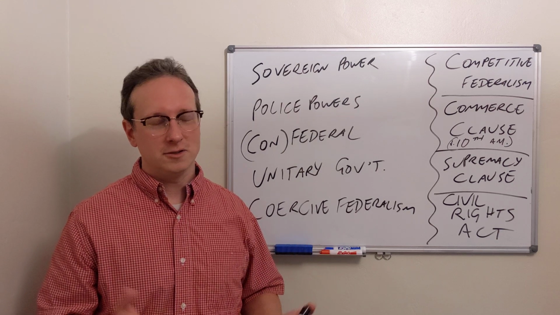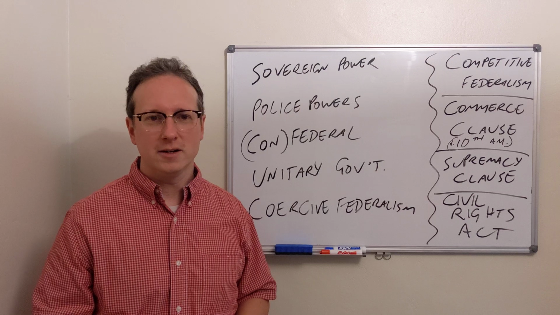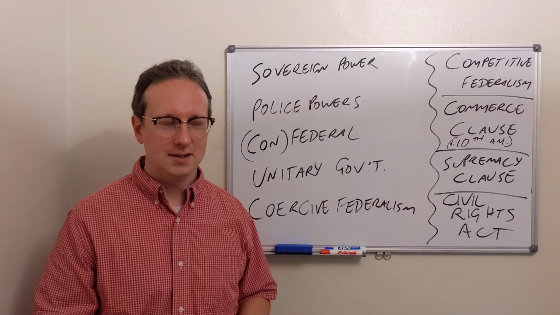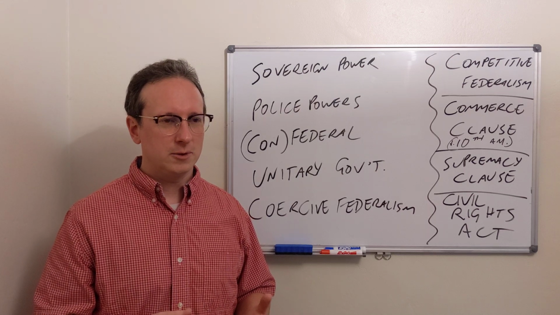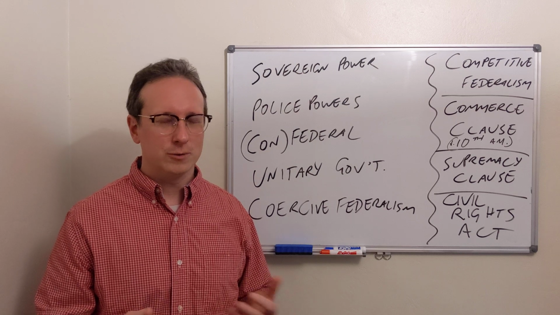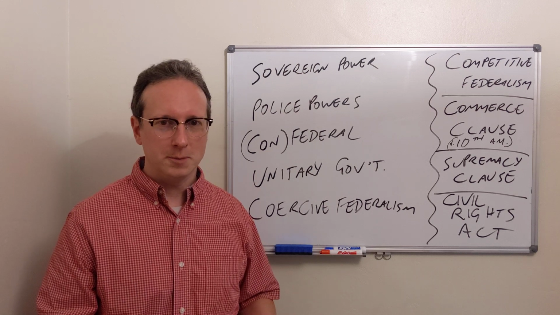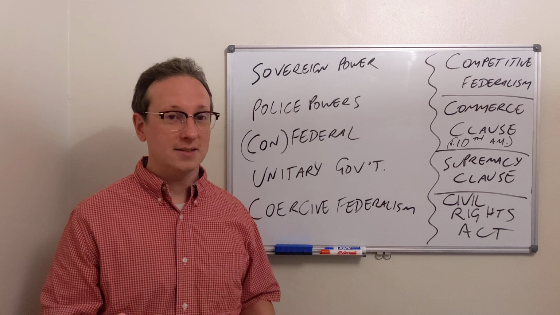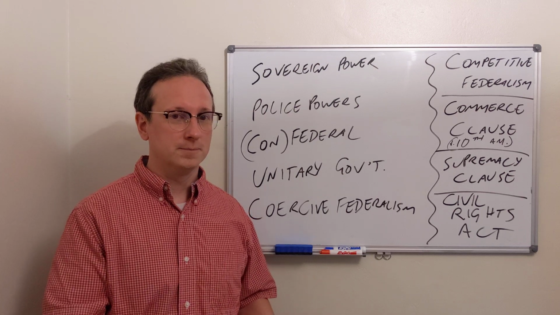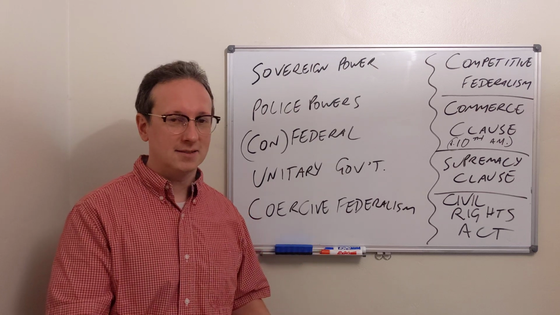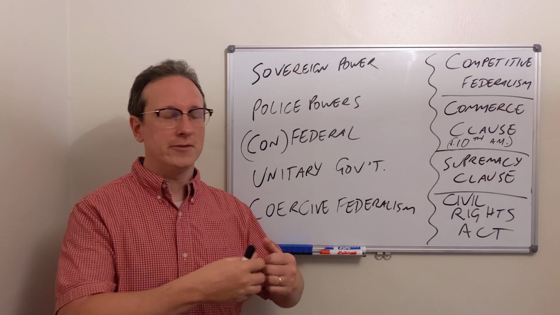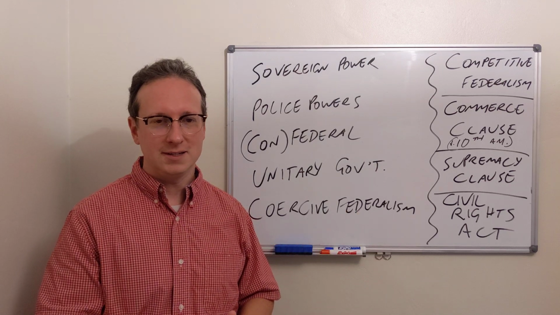And John Marshall, who is a frequent flyer in these precedent-setting cases, writes very eloquently that Maryland, of course, can't tax the U.S. government because the power to tax is the power to destroy. So if you can impose a tax, it means that you have the ultimate legal authority over these entities.